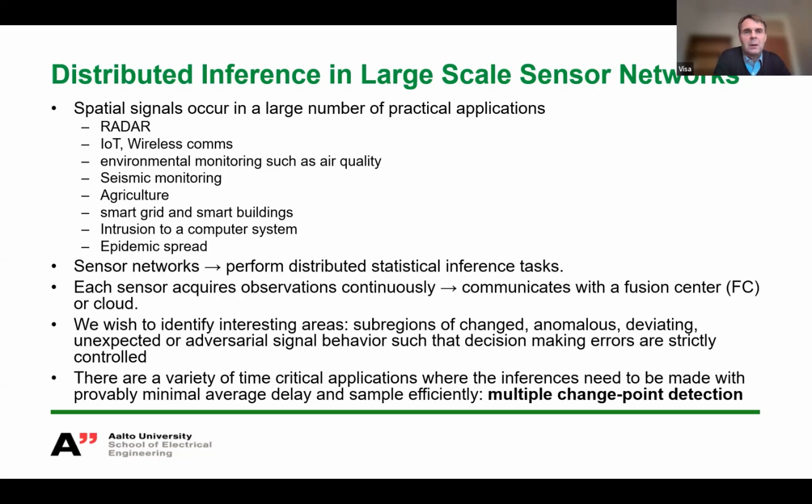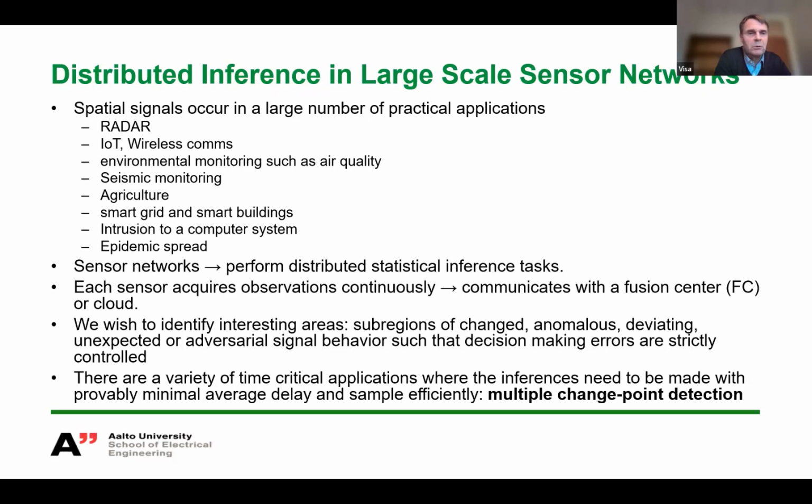So we are interested in performing distributed inference in large-scale sensor networks. This type of massive connectivity is of course one of the concepts in 5G. But many other systems like modern radars, the Internet of Things, and environmental monitoring, if you want to monitor air quality and so on, rely on this type of large-scale sensor networks.